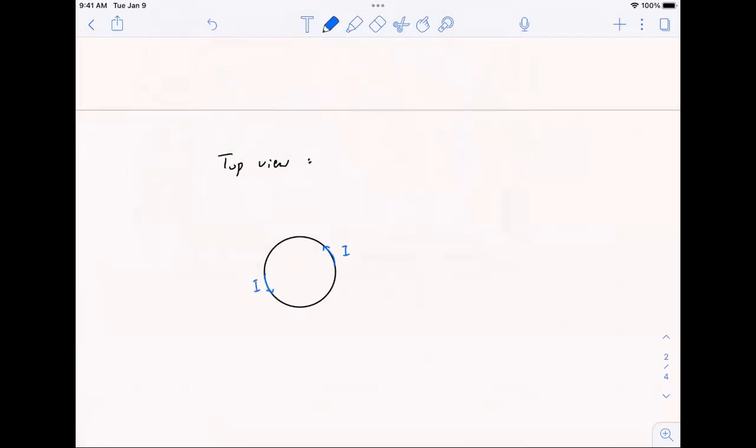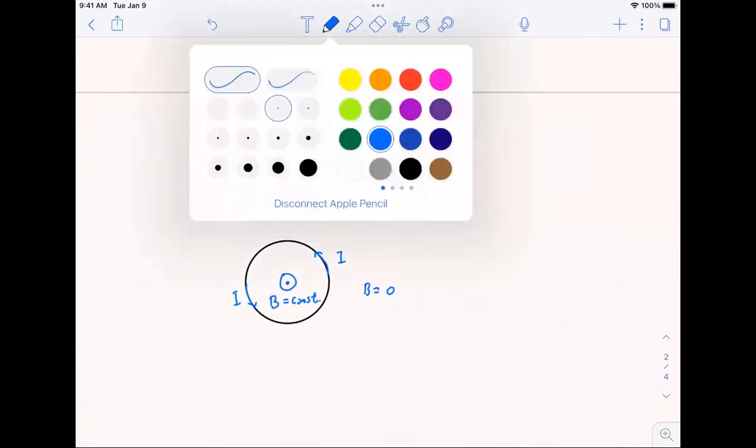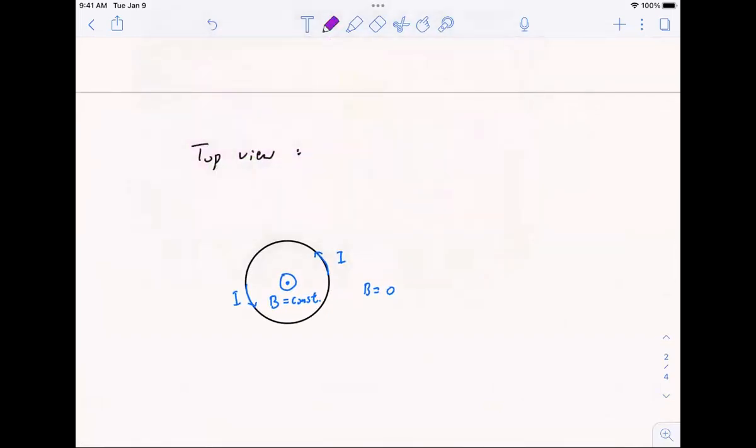This current is going around, then the B field will go out. The B field is constant inside the solenoid. Outside the solenoid, the B field will be 0. Let's say this radius is a.